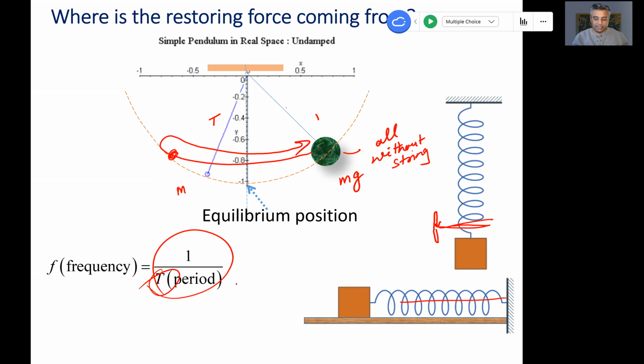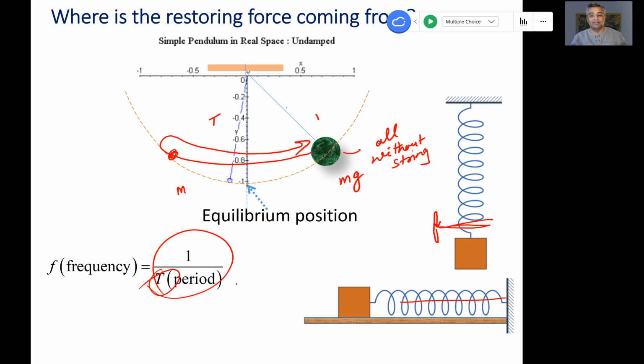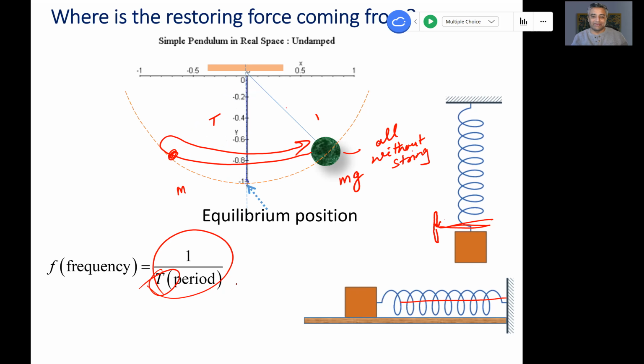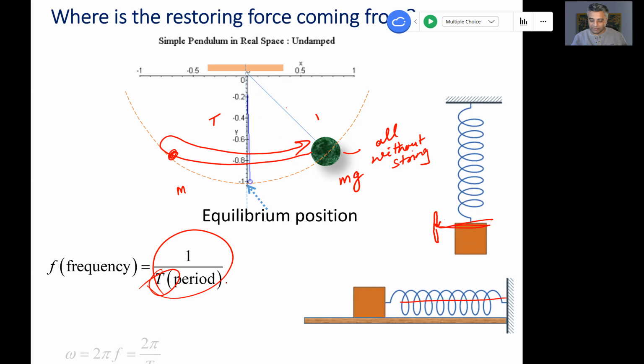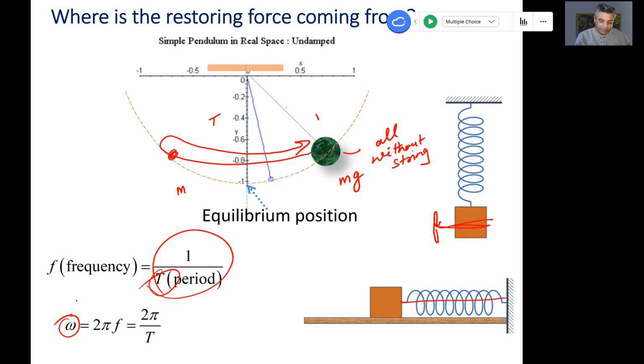So this period is similar to the period in circular motion. It's the same idea, okay? And later we'll see that circular motion and oscillation are somehow related too. We can relate those kinds of motion, okay? And for oscillatory motion, we use angular frequency. We call that angular frequency.